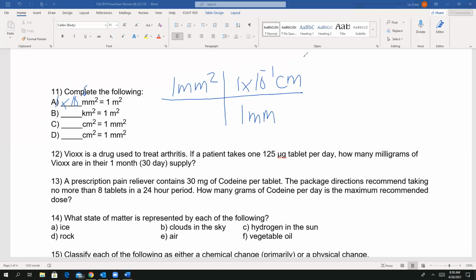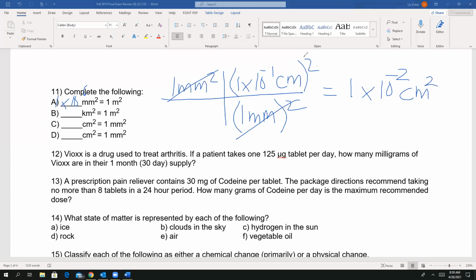All right, so now we cube it. I mean, we square, no, not cube it, square it, because we don't have a way to cancel it if we don't. So the answer is going to be 2 times 1, so 1 times 10 to the negative 2 cubic centimeter. I mean, square centimeters.